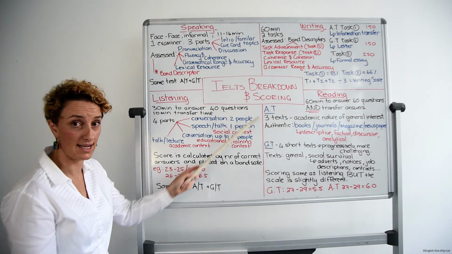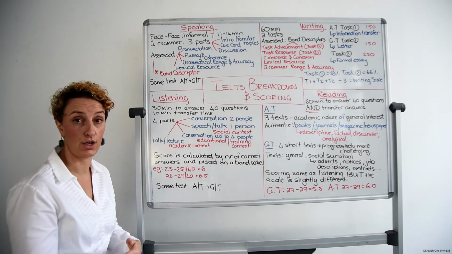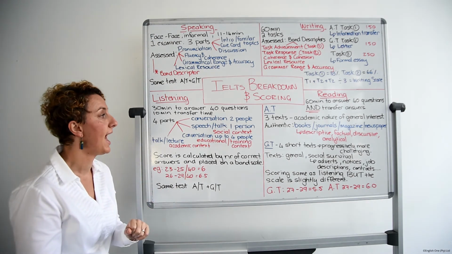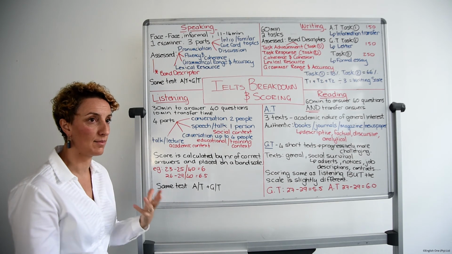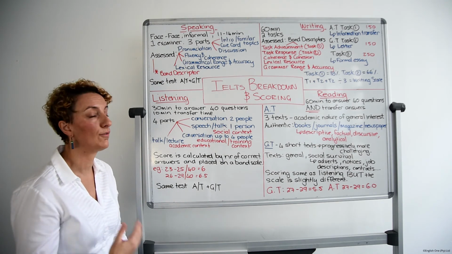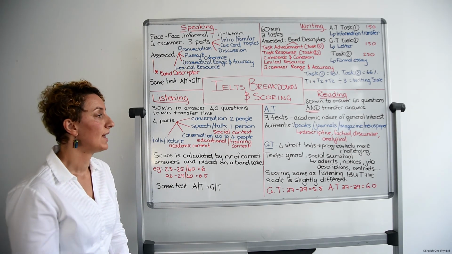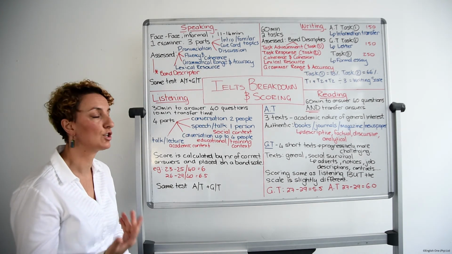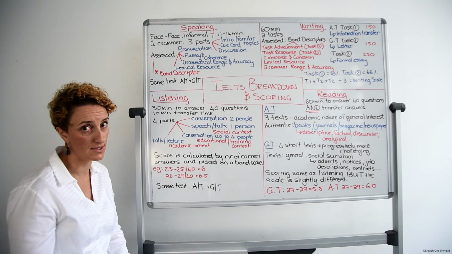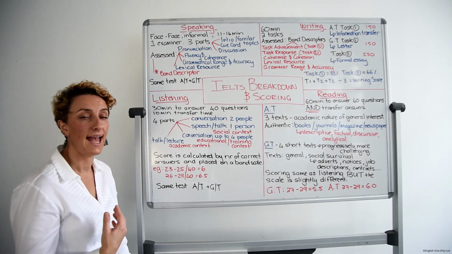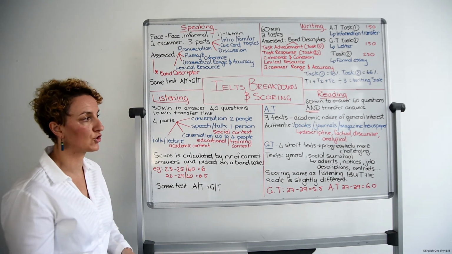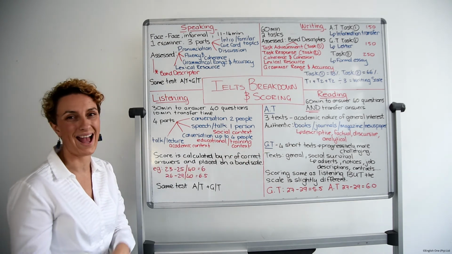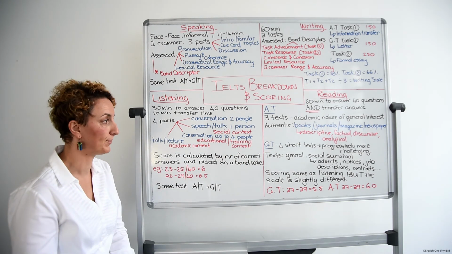For the academic test, you will be going through 3 texts, and they are of an academic nature of general interest. The texts are all authentic, and they come from books, journals, magazines, and newspapers, and are of a descriptive, factual, discursive, or analytical nature.